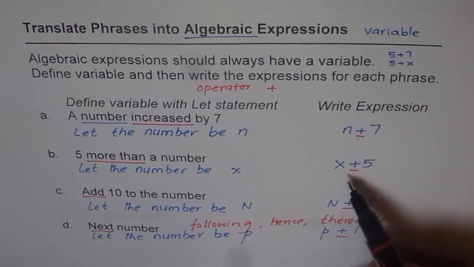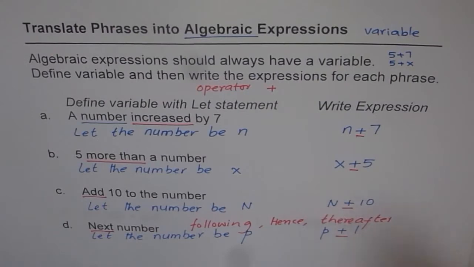When you add, we use the plus operation. So that is how you can translate these phrases into algebraic expressions. We'll see some more examples, and then we'll see all other types of operators, how they can be used to translate phrases into algebraic expressions. I hope that's easy and you're taking interest in it, right? Thank you.